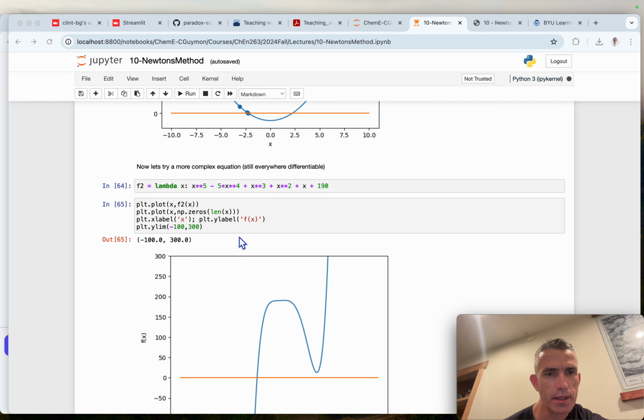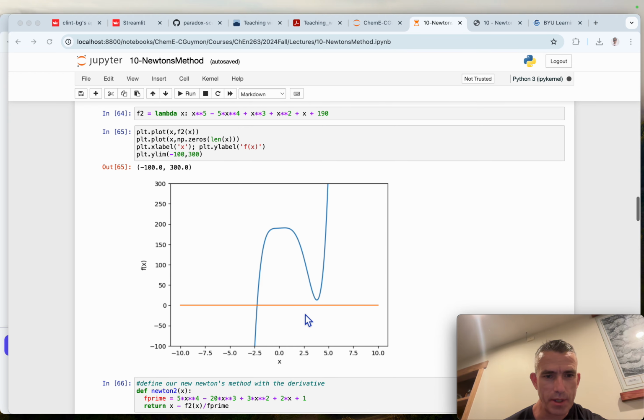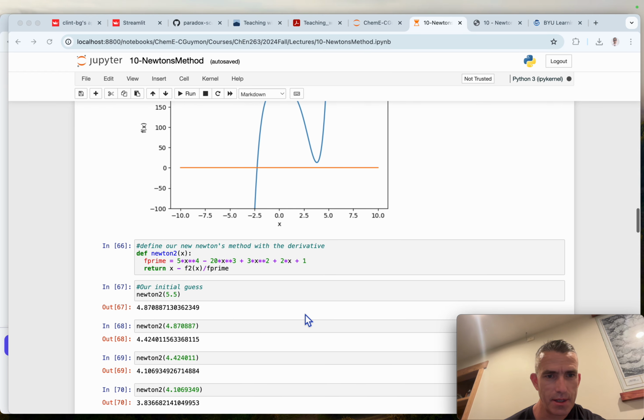We'll plot it, and here we got this little scenario here where if you get caught in this well, you'll actually never get to where the function equals 0, and you can't get out of it, because you can see if you're in here, you get the slope, you come down here, and then you might move over here, and then it might kick you out. But that's what's happening right here.